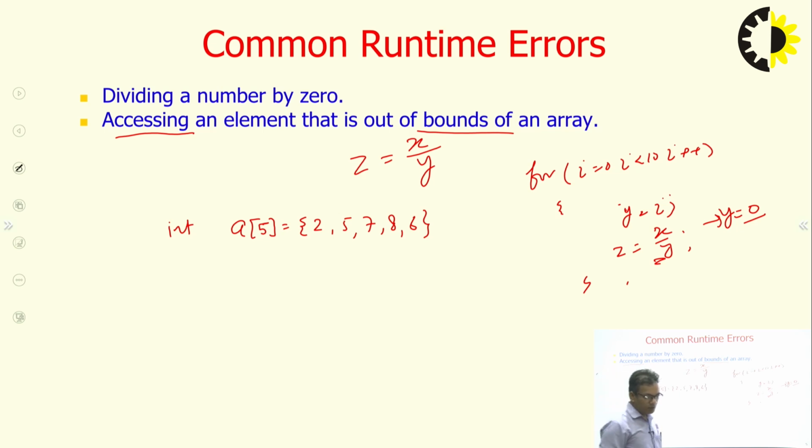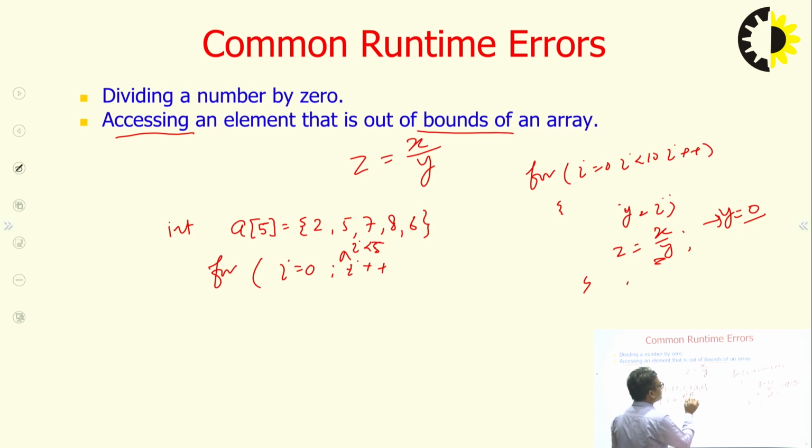How will you access it? You will access it through a for loop, which will start from 0, i plus plus, and you will give a condition here, i less than 5.